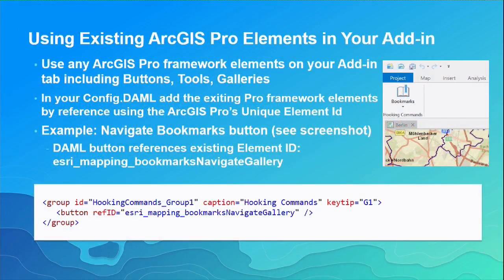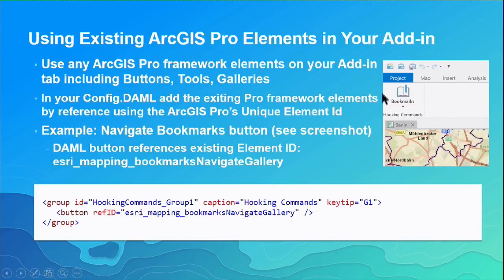So now finally we talk about using existing ArcGIS Pro elements in your add-in. So there's a lot of functionality in ArcGIS Pro in form of framework elements that you can use in your add-in, including buttons, tools, galleries. So in your config.daml, you would add the existing Pro framework elements by reference using the ArcGIS Pro's unique element ID.